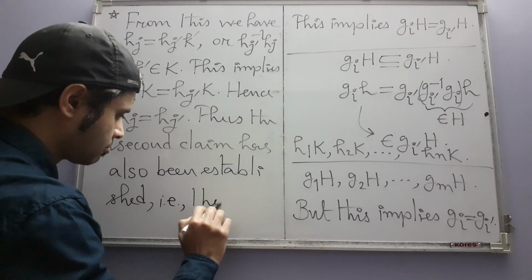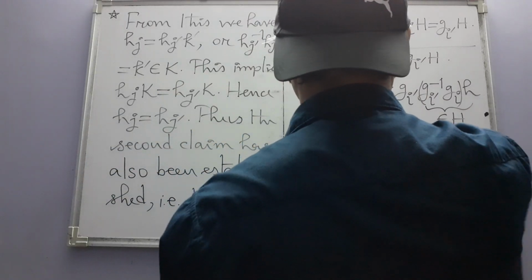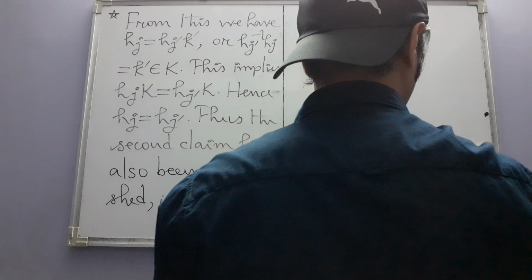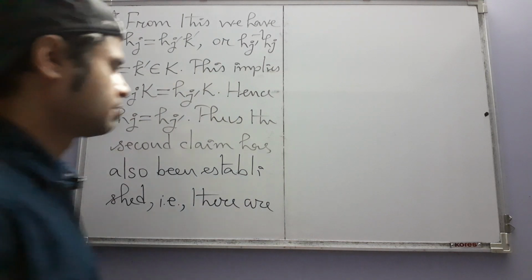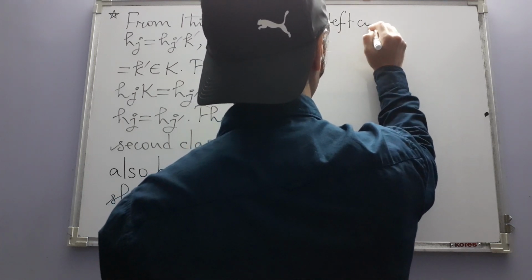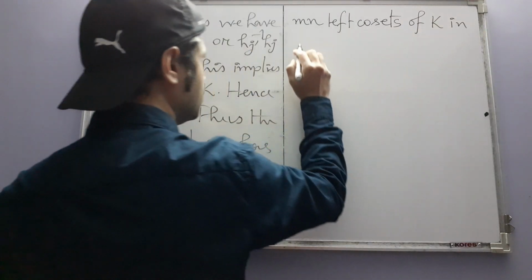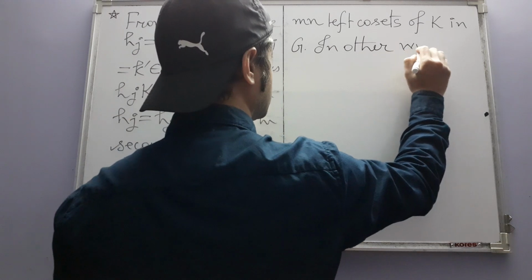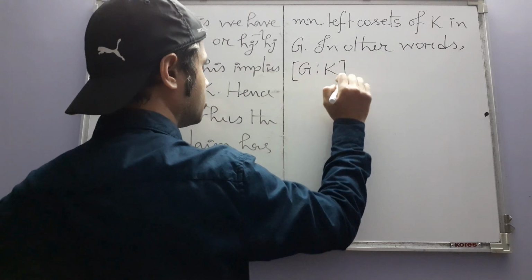That is, there are mn left cosets of K in G. In other words, the degree of K in G is mn.